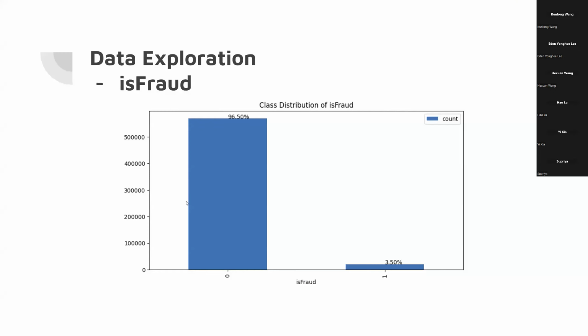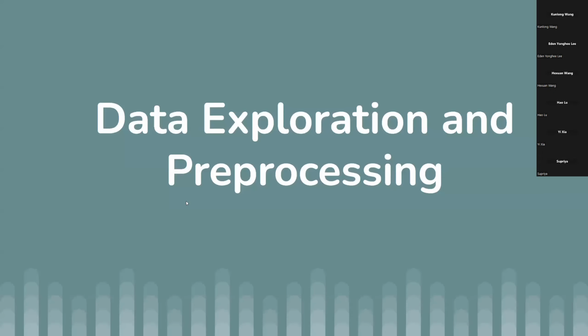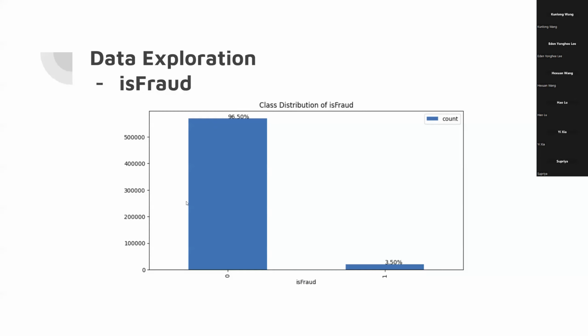The next part is data exploration. We explore some key features. The first one is fraud. We can see in the plot that it's really unbalanced in its fraud feature, about 97 to 3.